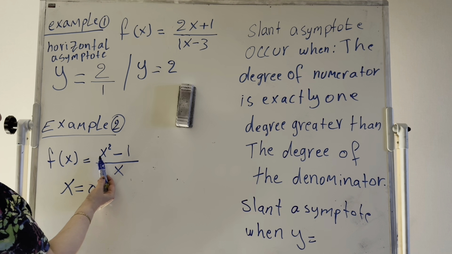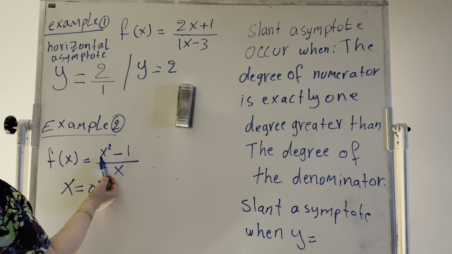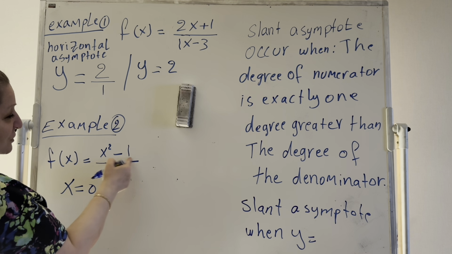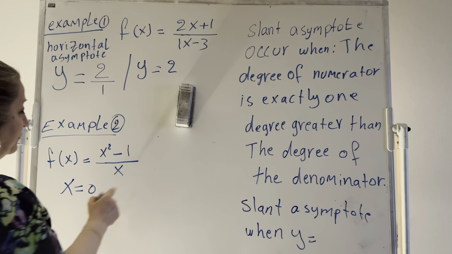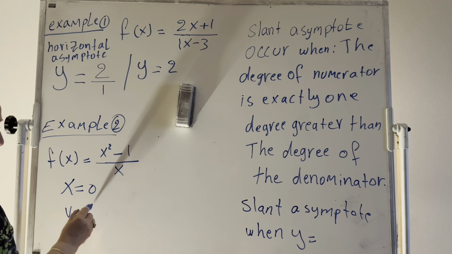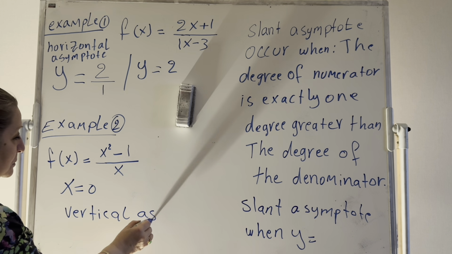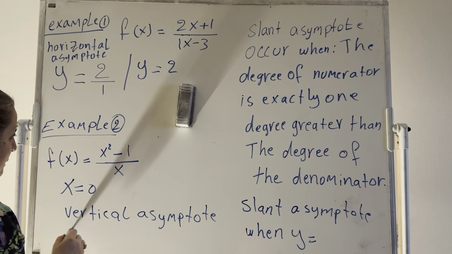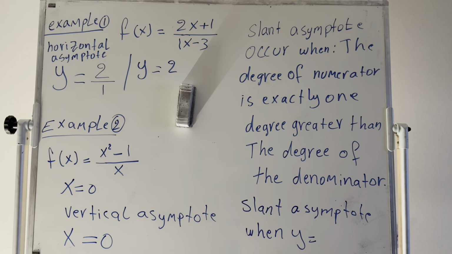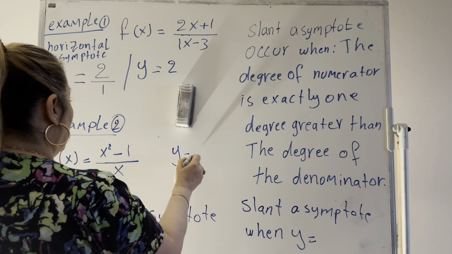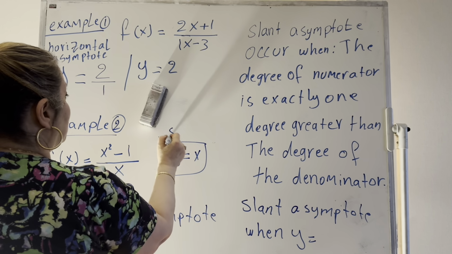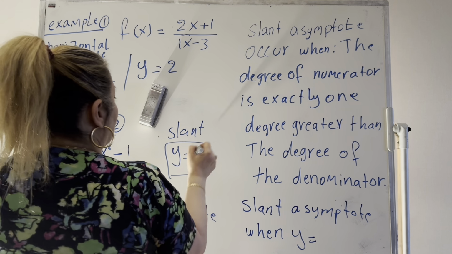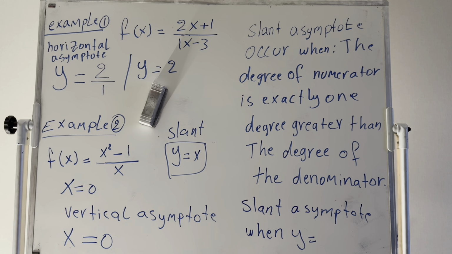When I substitute 0 in the numerator, it will be 0 to the power 2, which is 0, and I have minus 1 here, and this means that I have a vertical asymptote when x equals 0. So the function has a slant asymptote when y equals x, and a vertical asymptote when x equals 0.